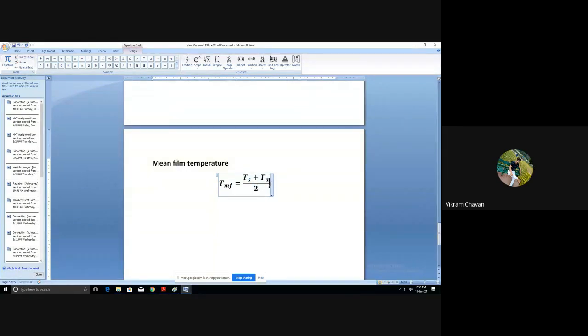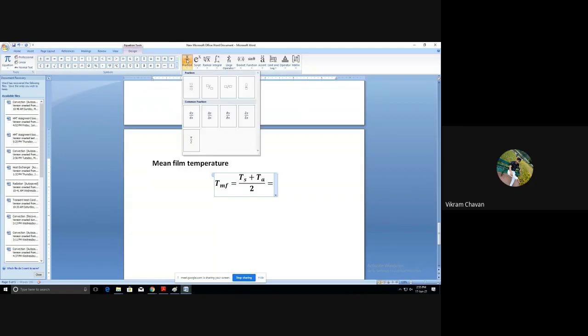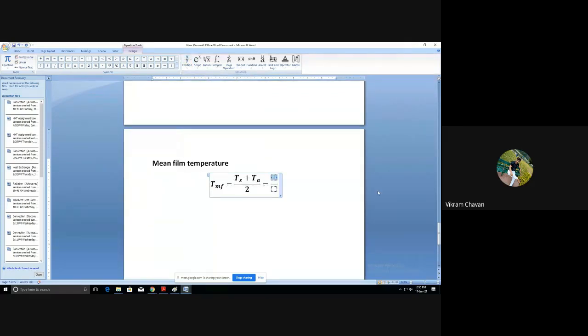Surface temperature is 160.14 and surrounding temperature is 32, divided by 2. Now take the average temperature. How much is it?